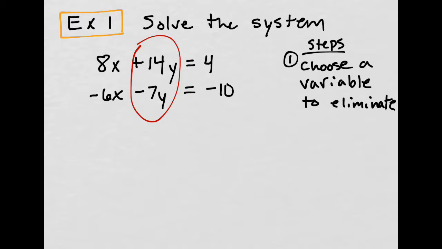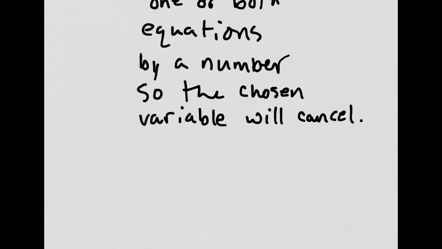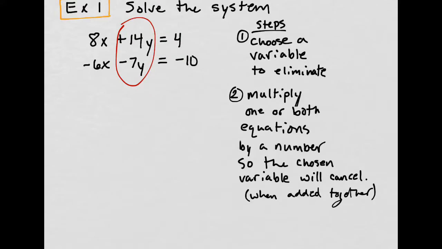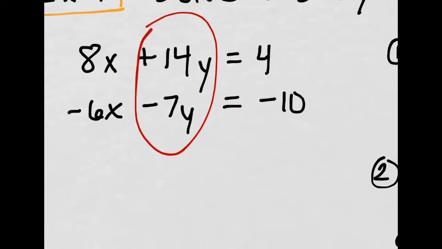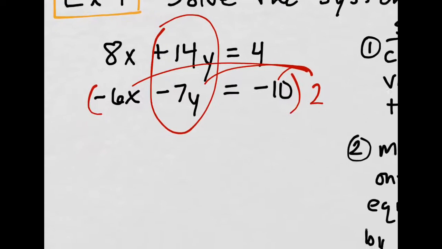Step 2 is to multiply one or both equations by a number so that your chosen variable will cancel when added together. In this case, if I were to multiply this equation by 2 and I distribute in there, then what will I get?